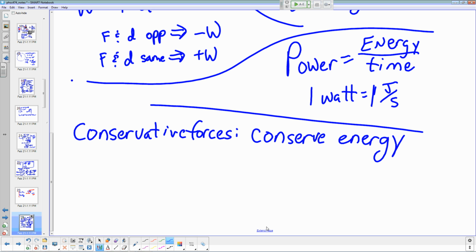One of them is the gravitational force, because it doesn't require contact between 2 objects. Anytime you have contact, you're losing energy. Anybody remember the other one? The magnetic or the electromagnetic force. We just lump those together. So these include the gravitational force and the electric force. Non-conservative forces don't conserve energy.